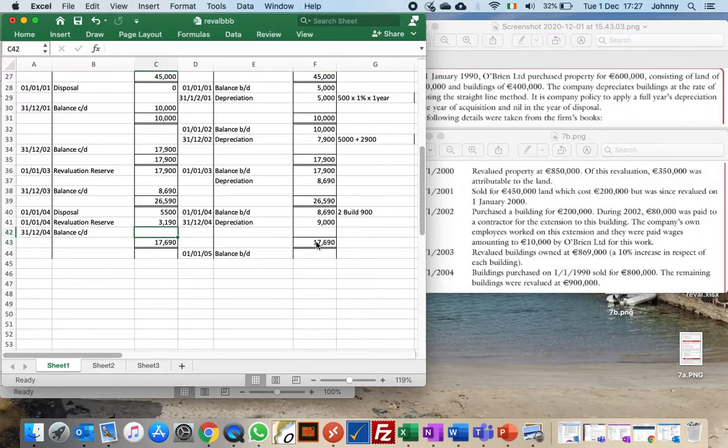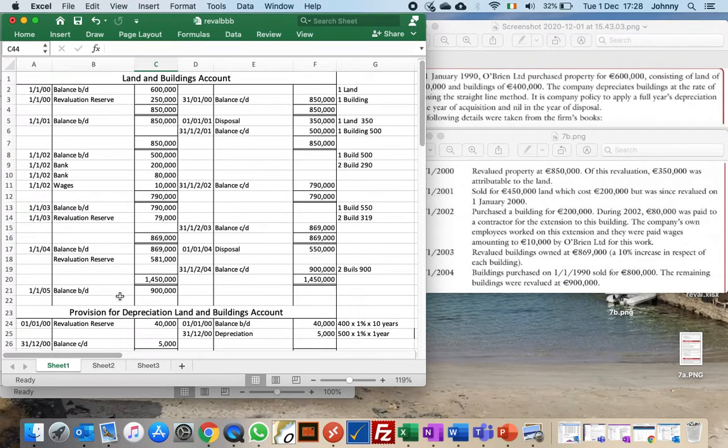The balance then is going to be 17,690 minus the 2 figures there. So my balance CD is 9,000, which I'm going to bring forward and start off the next year with. And we have a balance BD on the debit side of 9,000 in land and buildings. I know it's complex, but you need to listen to this video again so that you can work out what is happening at each stage.